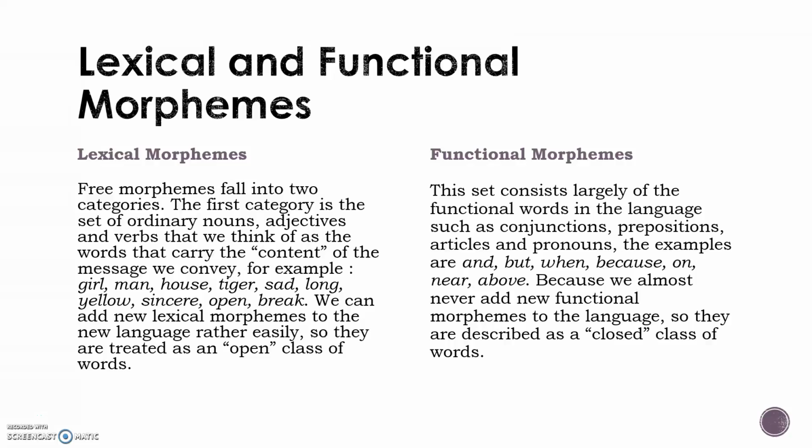Functional morphemes. This set consists largely of the functional words in the language such as conjunctions, prepositions, articles, and pronouns. The examples are and, but, when, because, on, near, above. Because we almost never add new functional morphemes to the language, they are described as a closed class of words.